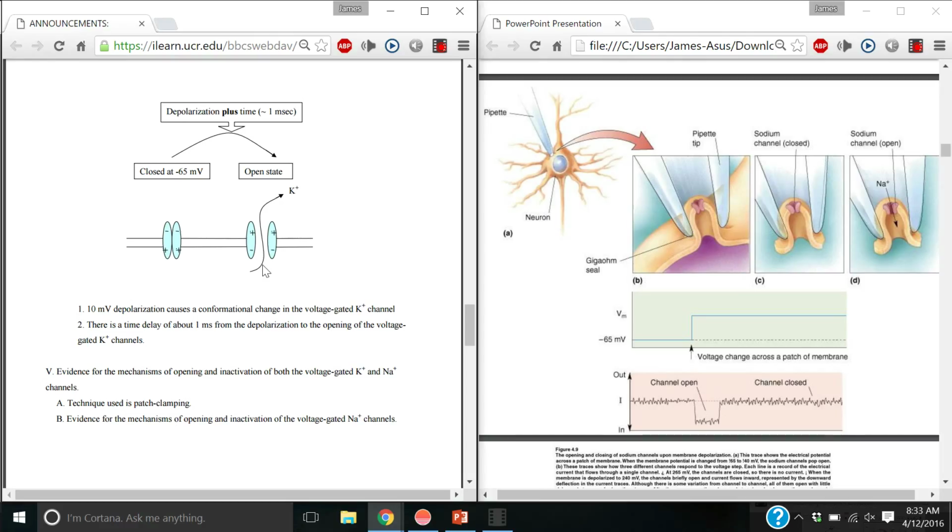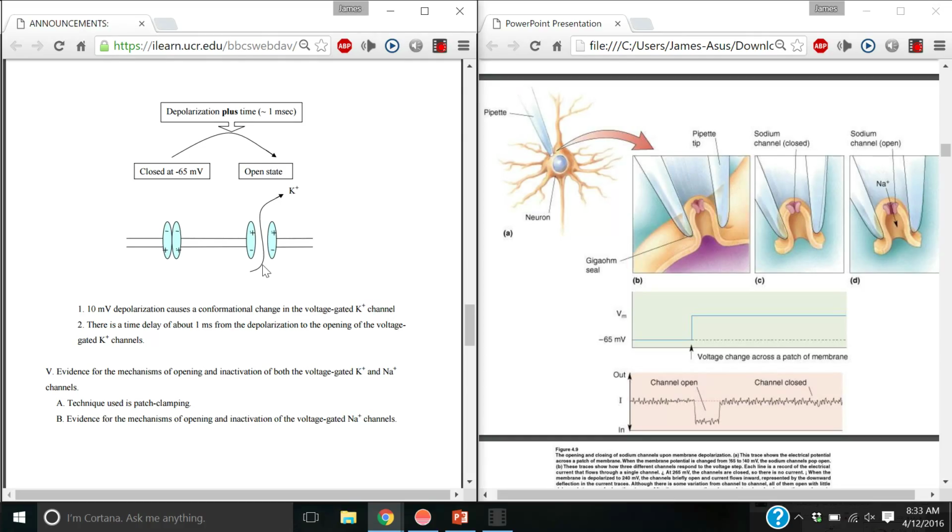And yeah, there is a charge redistribution here within this protein as well, although the functional significance of that's pretty much irrelevant. But this is what allows the voltage change to produce the change in the configuration of the proteins themselves.